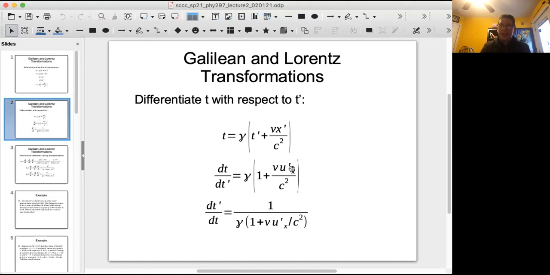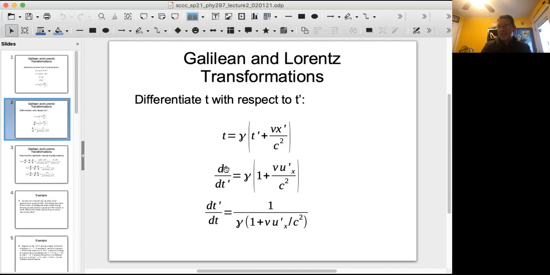And what you'll see when we do these transformations is that you're going to need to identify observer O, you're going to need to identify observer O prime, and then you're going to need to identify which object is the third object, or which moving person or thing or observer is the third. And then you reverse this.